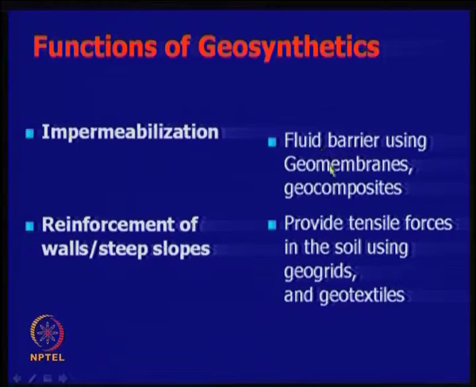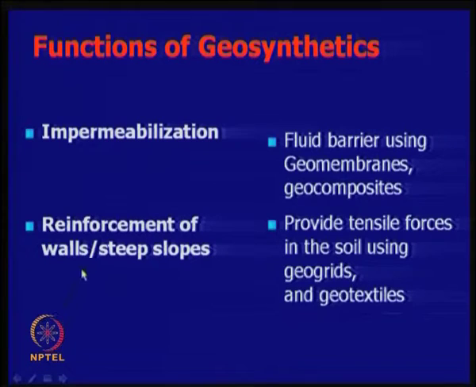For example, leachate percolating in the landfill should just go to a nearby leachate collection system and drain off. It should not go down and contaminate the groundwater. So, for the minimization of permeability, we use geomembranes. We say that they are either geocomposites or geomembranes. They are essentially fluid barriers.